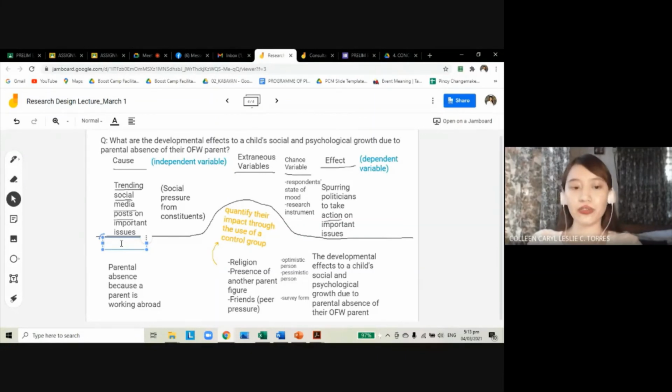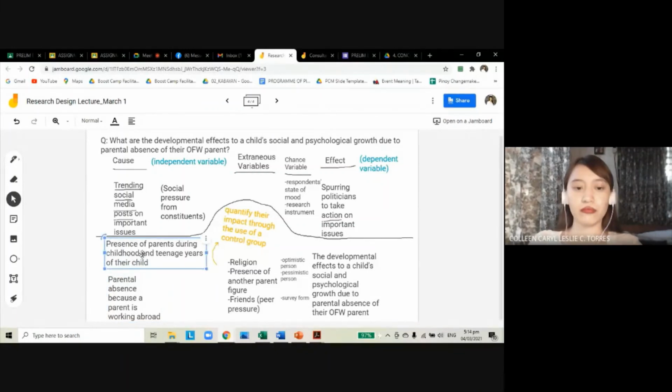So the control group would be presence of parents during childhood and teenage years of their child.